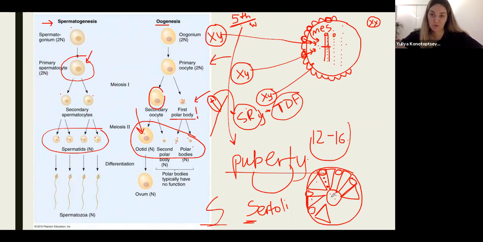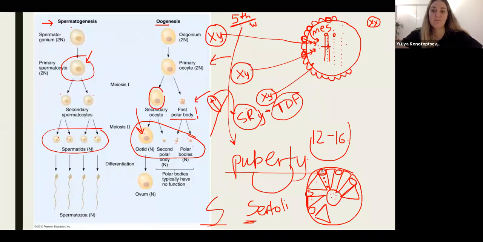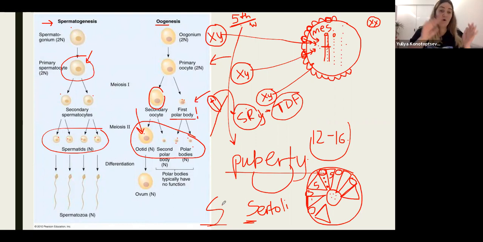Notice that my spermatozoa are in the lumen, right? So you can see that spermatogenesis, production of spermatozoa, happens between two Sertoli cells. That's why they're called supporting, because they support spermatogenesis physically, nutritionally, emotionally, whatever way.